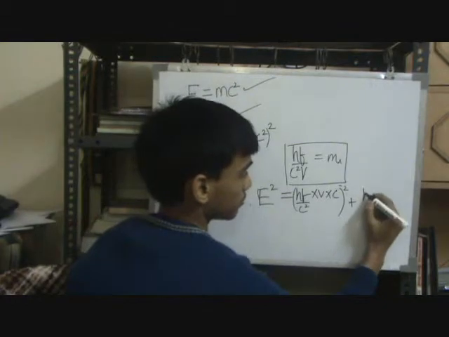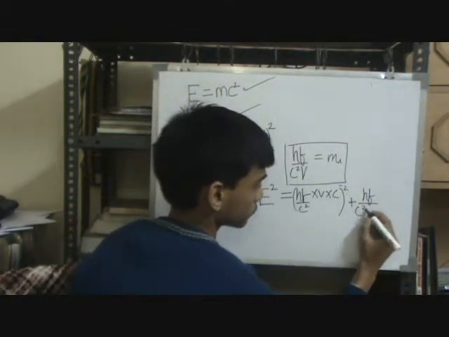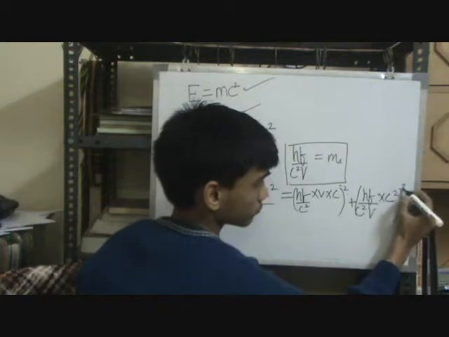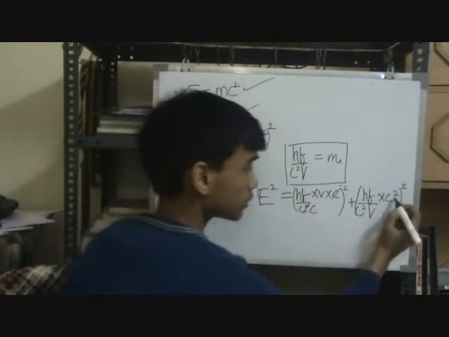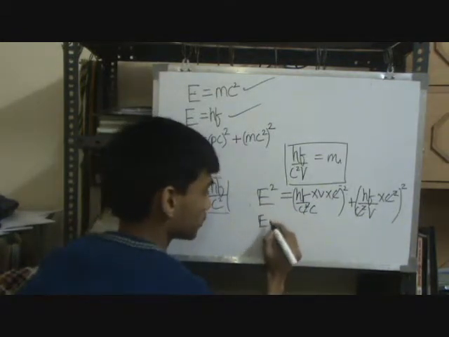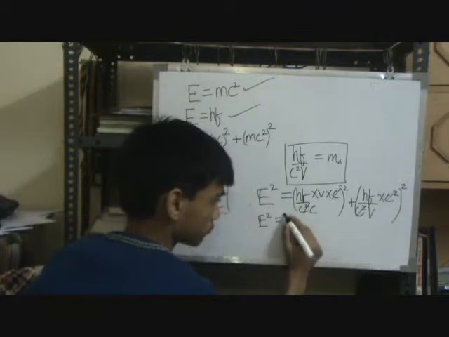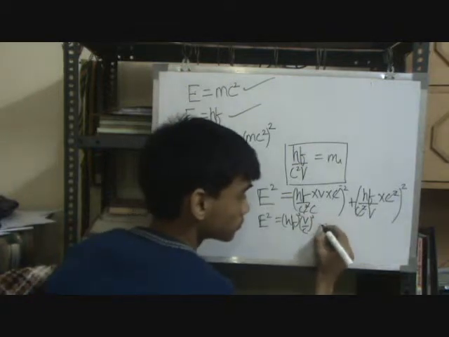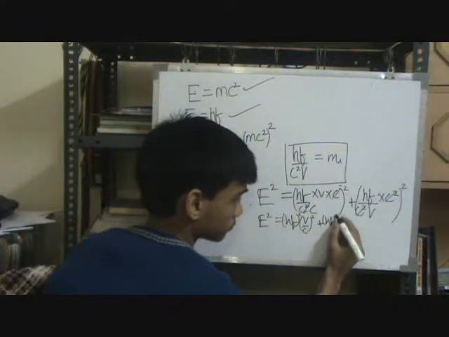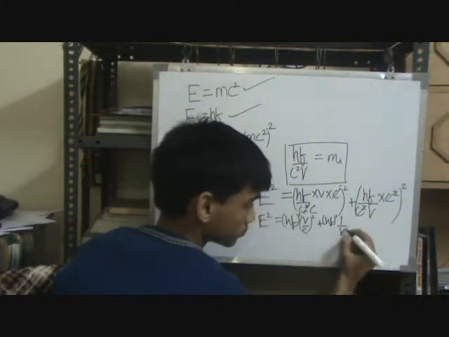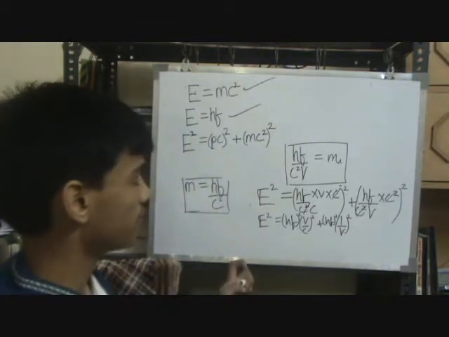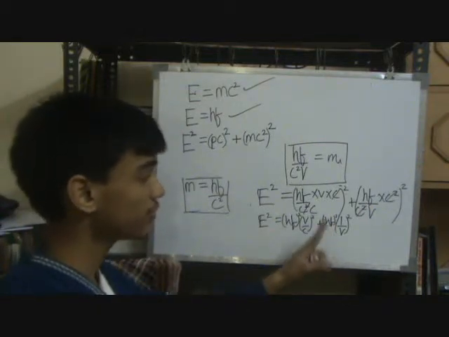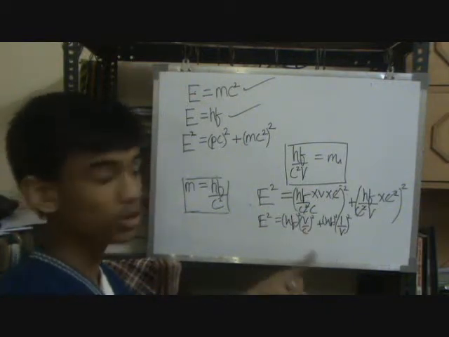Therefore we have, if we cancel these, we finally get E square is equal to (hf) whole square into (v by c) whole square plus (hf) whole square into (1 upon Lorentz factor) whole square.